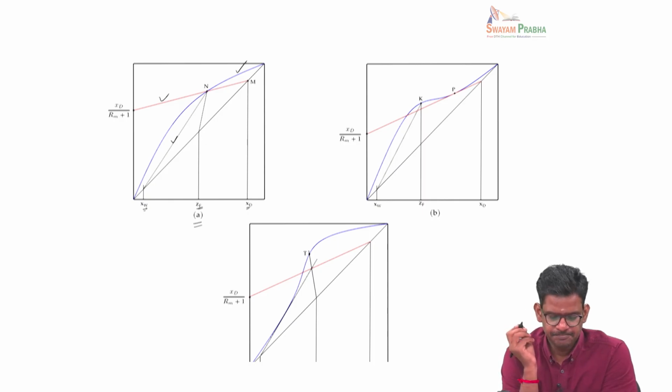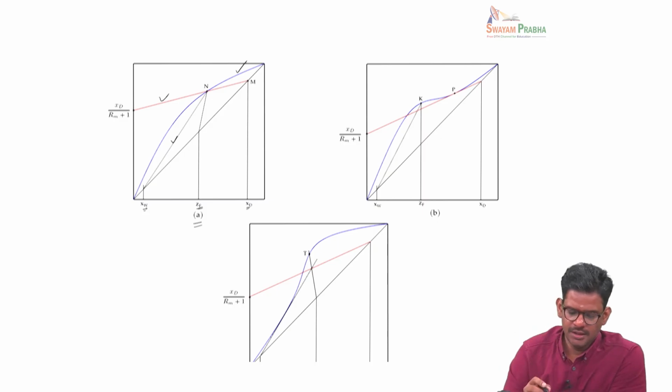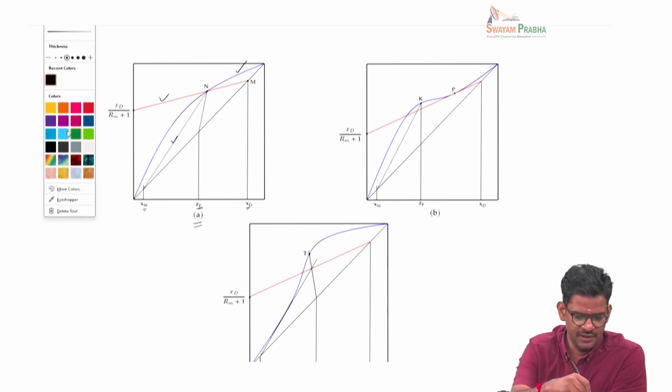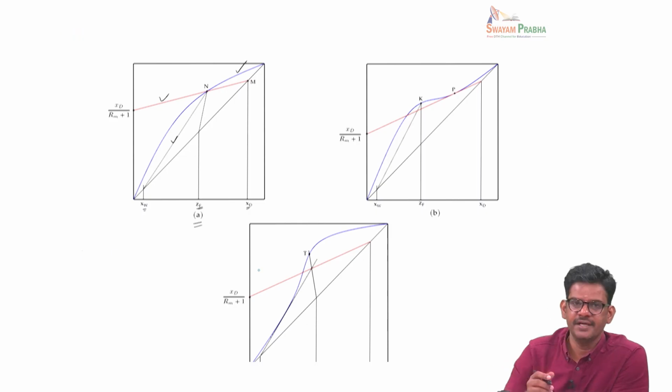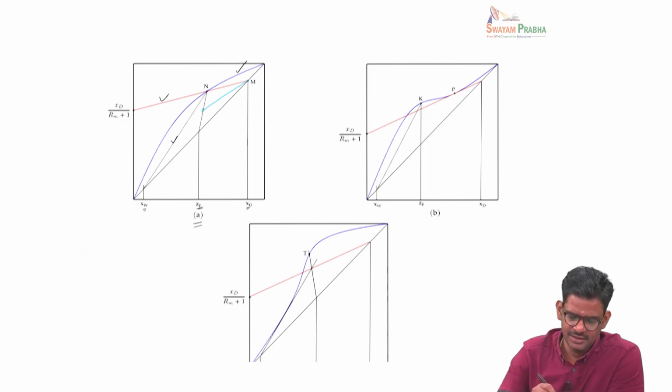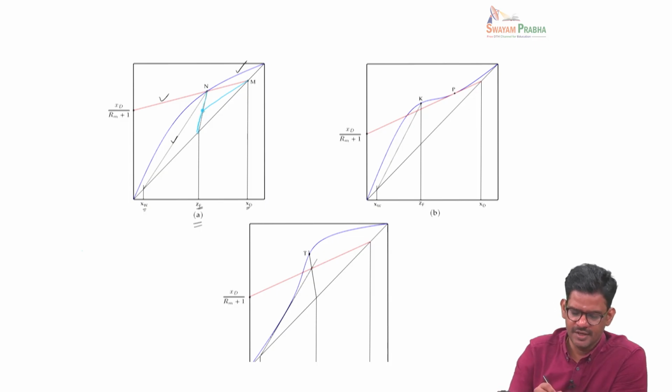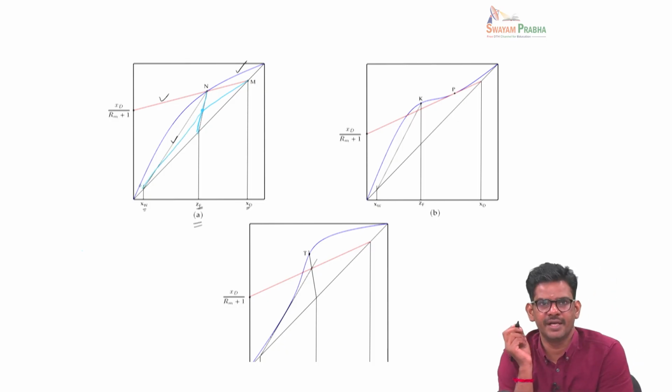And generally, for any finite reflux ratio, you would have an enriching operating line that cuts the Q line. So this is the Q line here, and then there will be a corresponding stripping or exhausting operating line.